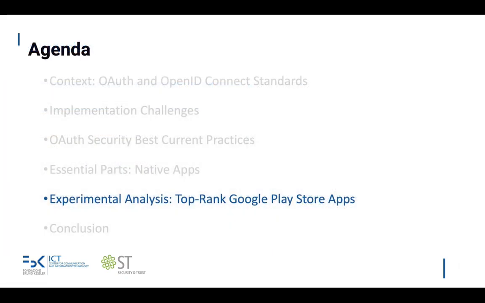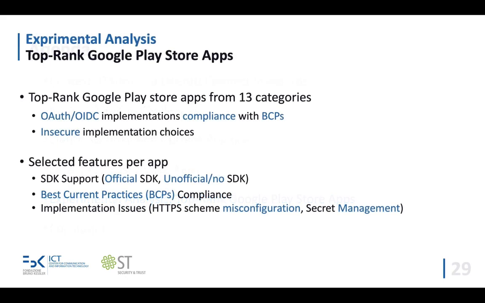So let's dive into the experimental analysis, and let me quickly share with you some of our findings from the analysis of top-ranked Google Play Store applications. We selected apps from 13 different categories, and we wanted to check whether their OAuth and OIDC implementations are compliant with best current practices, and what secure implementation choices are made by developers.